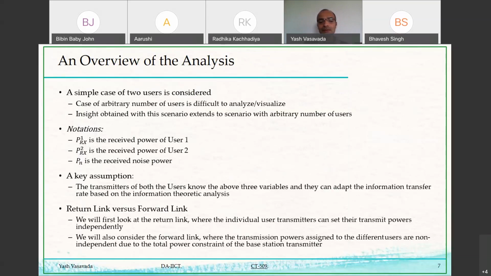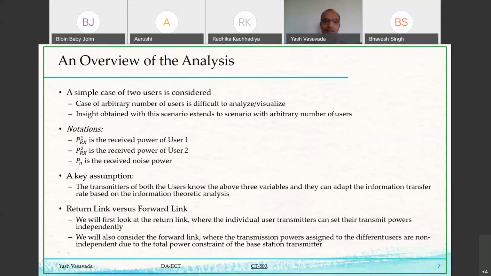Now in NOMA, the analysis differs a little bit when we look at the return link compared to the forward link. Return link is the link from the user terminal to the base station. And there, the individual user transmitters are transmitting in an independent manner. The forward link is the link from the base station to the user terminals.